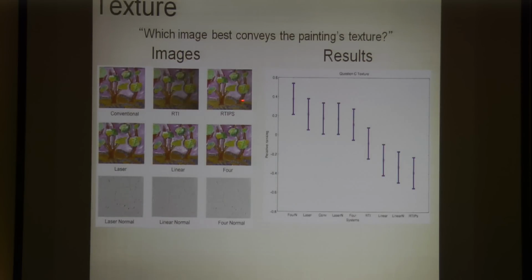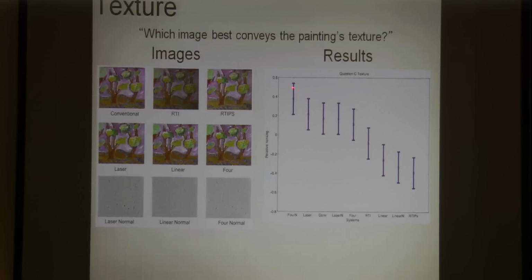One of the reasons I didn't use this in the other experiments is that when we do this sort of color enhancement to make it more similar, it was reducing some of the texture that's apparent in the image. I didn't like the idea that I was losing appearance attributes, so that was why we didn't do this in the other experiments. And I was hoping that in this case, the surface normal maps would be the best for texture. That would be what you'd expect. And we found that to be true.